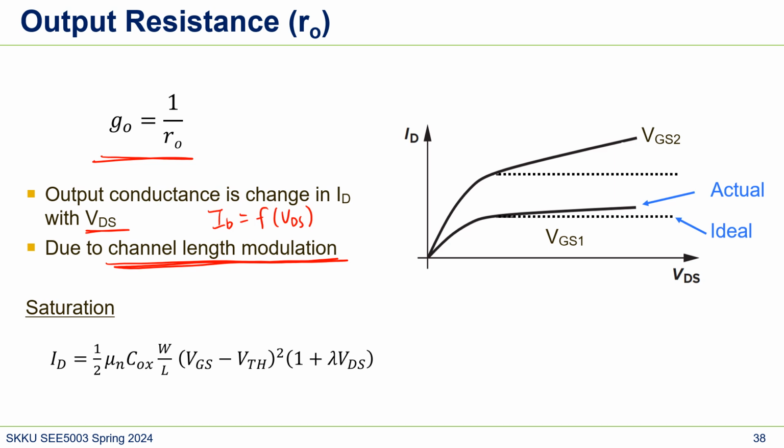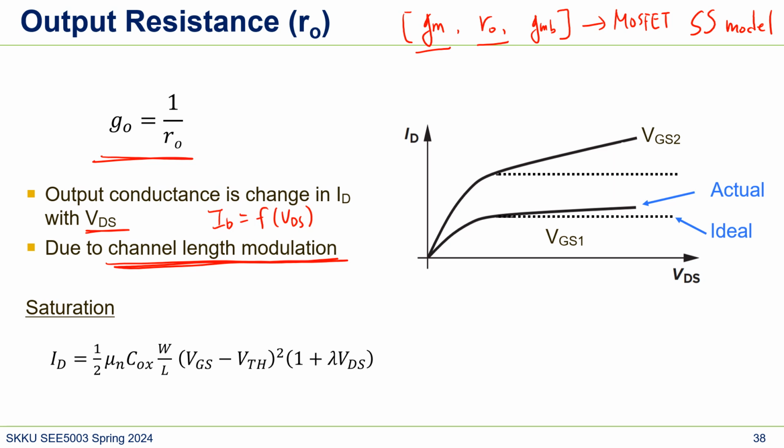Maybe I can write it down again. So we have GM, RO and GMB, and we are learning these three for a MOSFET small signal model. That's our goal. We learned about GM already, and then we are learning about RO.